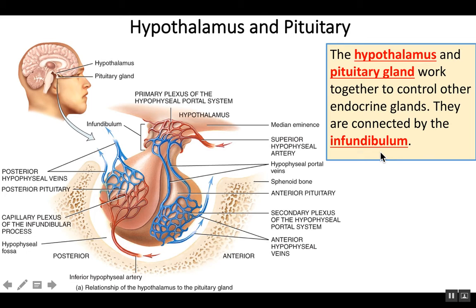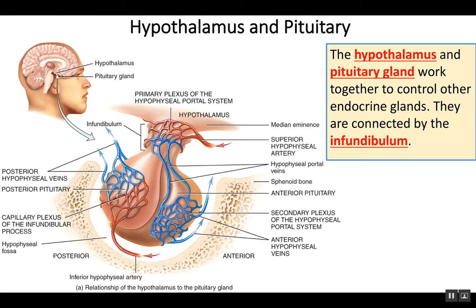Other things to point out on this drawing is that the pituitary gland is actually two completely separate glands. There is the posterior pituitary gland and the anterior pituitary gland. We need to cover these two glands completely separately because they work independent from one another.